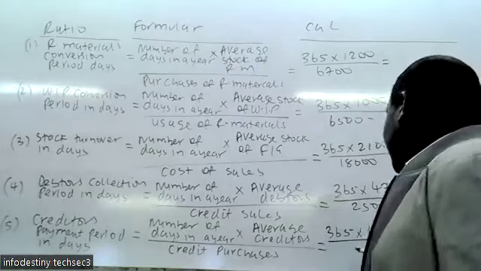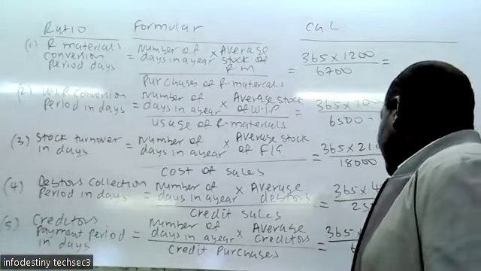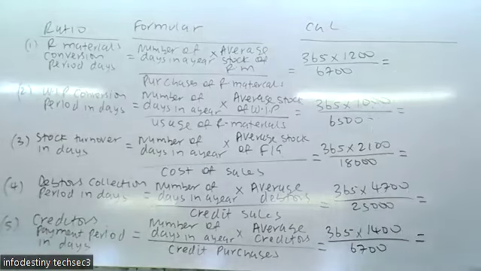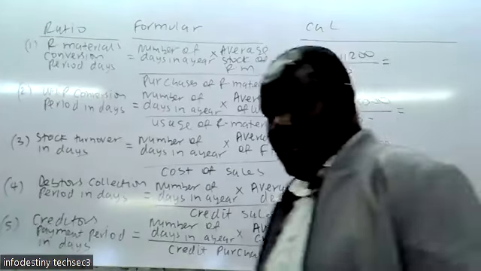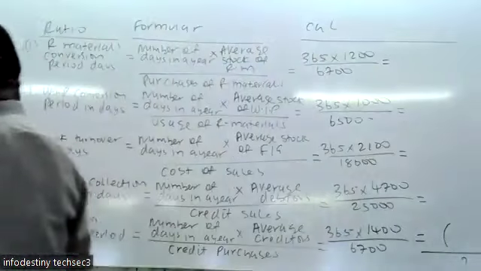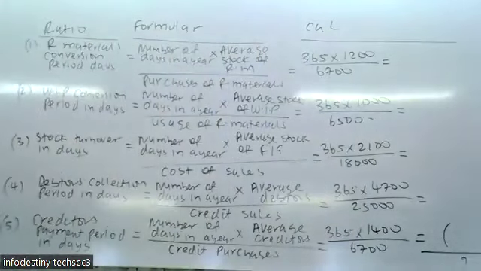So for the first 4 you add, but this last one you subtract. That is what will give you the cash conversion or operating cycle. Remember, each one of them, you round off into 2 decimal places.